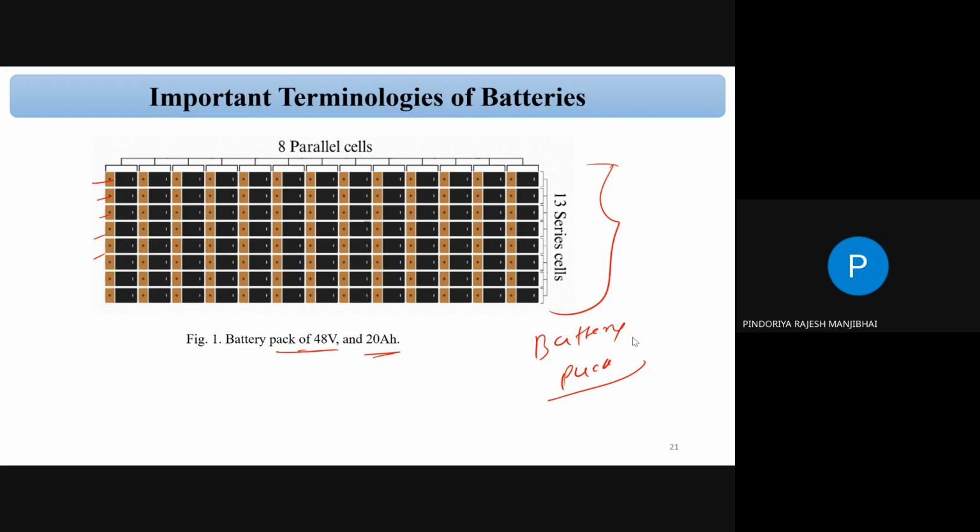Any confusion about this topology, the battery pack? We will do numericals also for different battery ratings, such as how many cells to connect in series and parallel to achieve 20 ampere hours, maybe 40 ampere hours. You will get a better understanding.